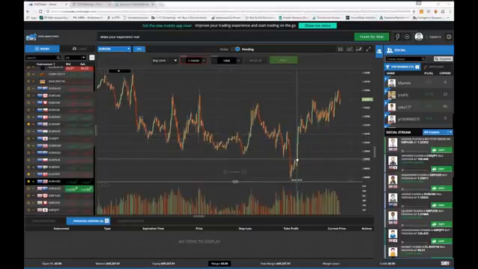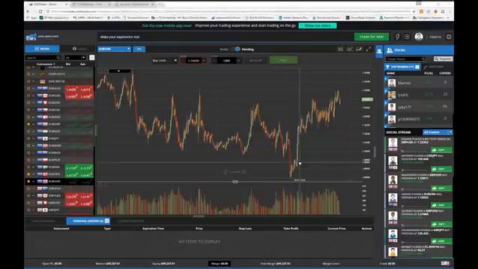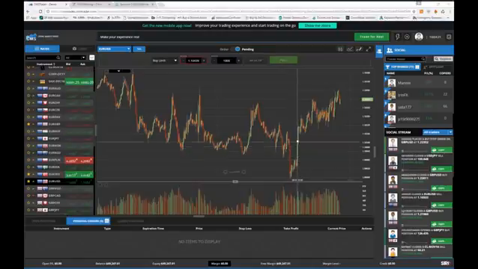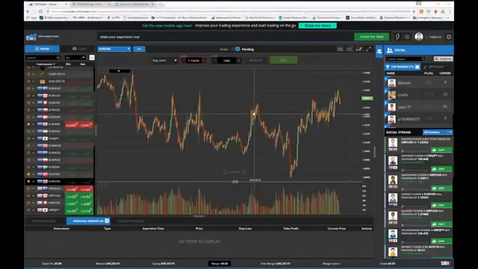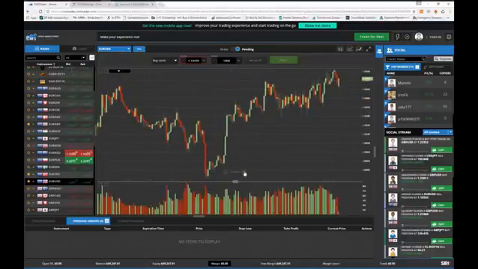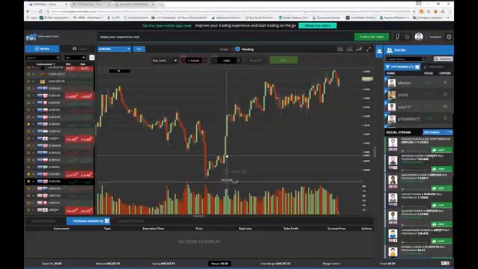Basically, if you see the green candle, it's got the body and the wick. Let me make this a little bit larger so that you can see it clearer. What does this mean?